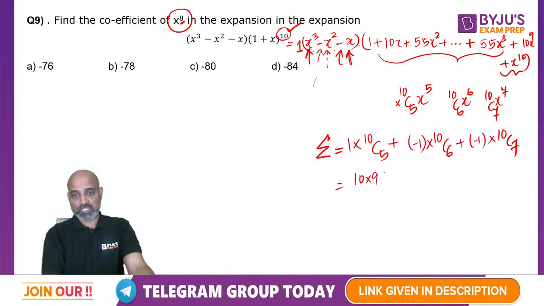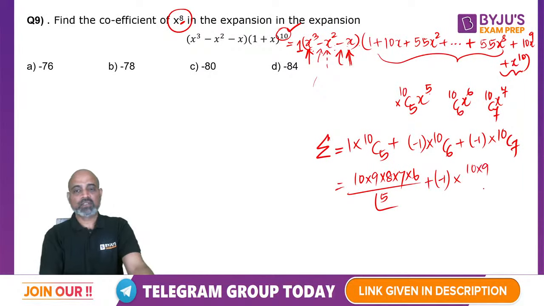10c5 is not going to be easy. 10, 9, 8, 7, 6 divided by 5 factorial. I'll keep -1 as such. 10c6 is going to be 10, 9, let's just do it. 10, 9, 8 and 7 into, hold on, 10 to 6 means we have to write the product from 10 down to 6.